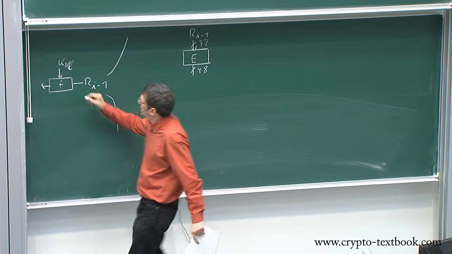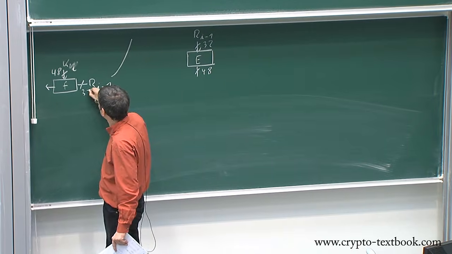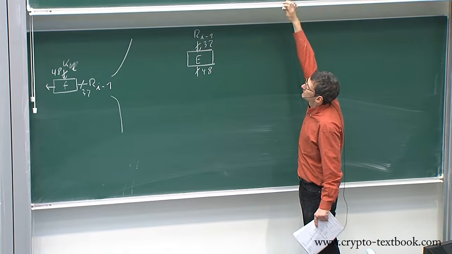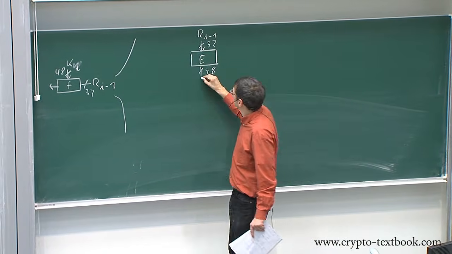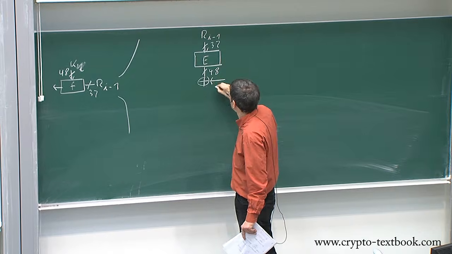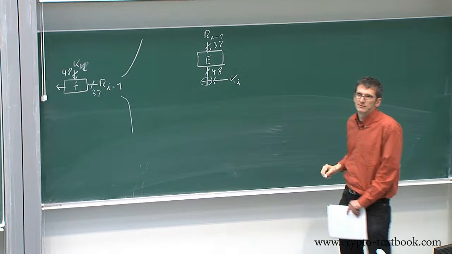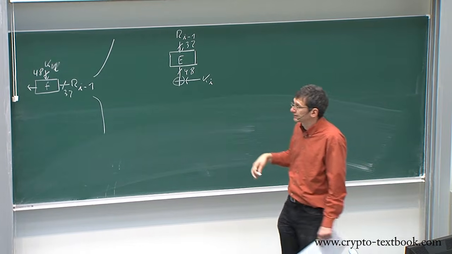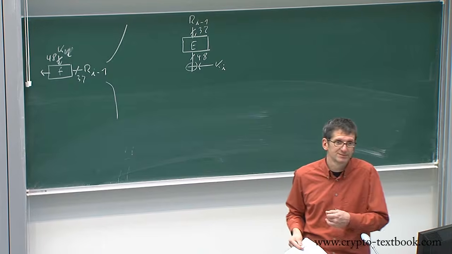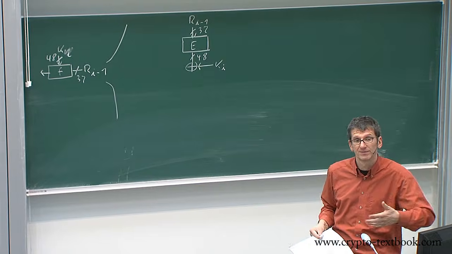Then, looking at the input bit length, you go in with 48 bits of key and 32 bits of data. At this point you can XOR the subkey. Before, we looked at round number 1, and now we look at round number i, where i equals 1, 2, 3, 4, up to 16.